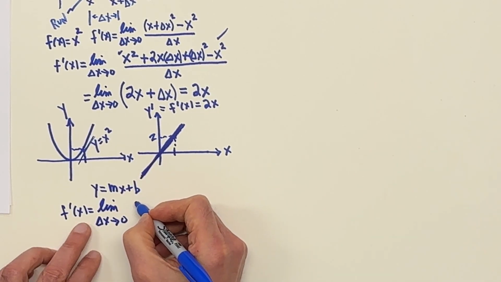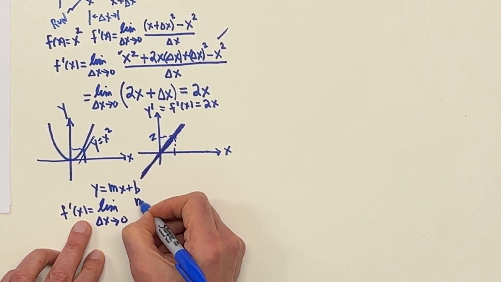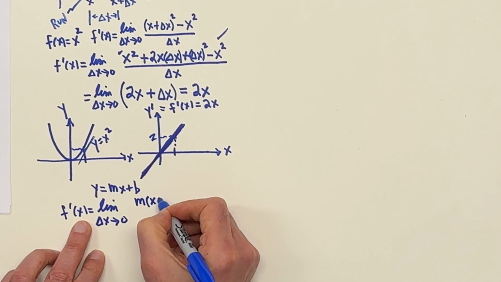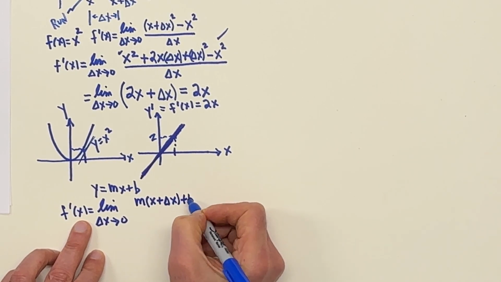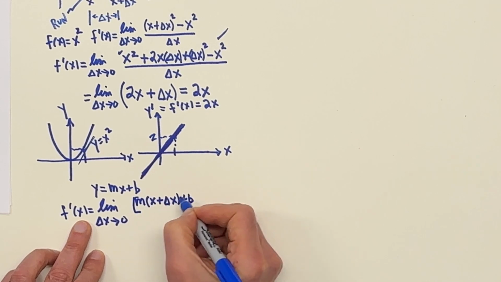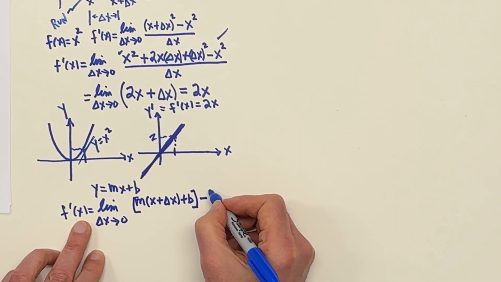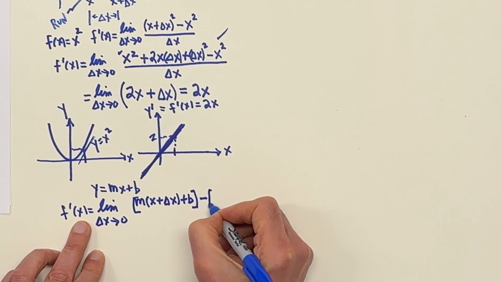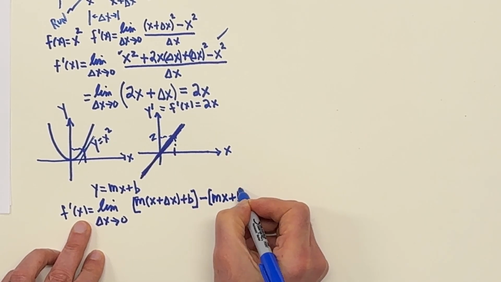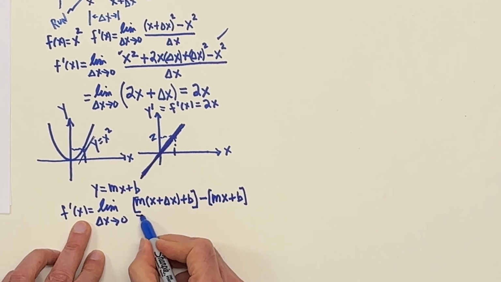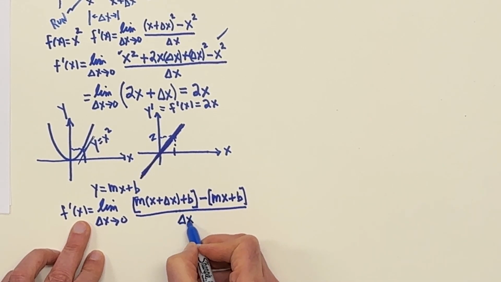And now up here we put the value of the function where x plus delta x is inserted for x. So you would have this, and then we would subtract the mx plus b, and we're going to divide all that by delta x. This is our formula.